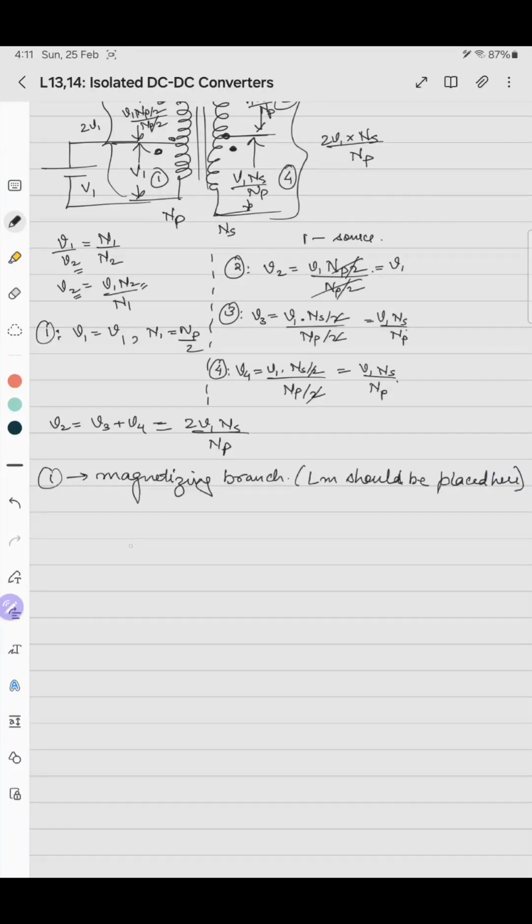So this is Lm, this is Im, and this is the primary side current I1, this is I1 dash. So this is how the magnetizing branch is shown for a push-pull converter or for a center tap transformer.